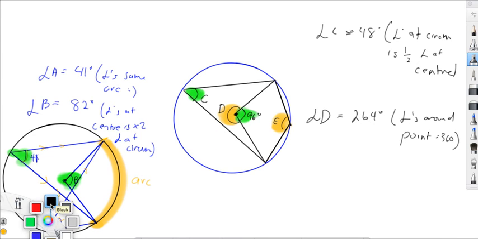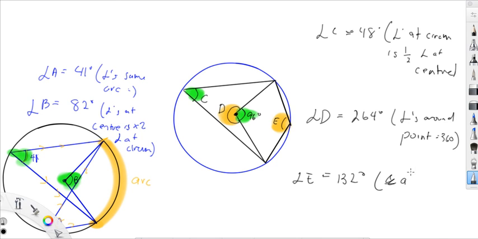So again, keywords: you've got an angle at the circumference, an angle at the center, so therefore angle E must be 132, as angle at circumference is half angle at center.